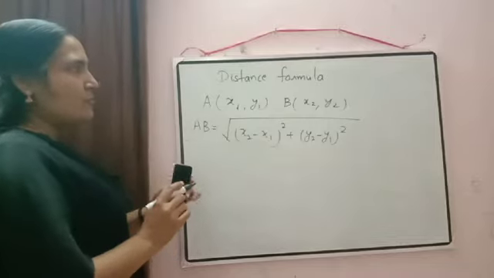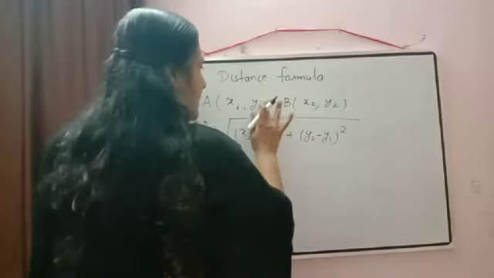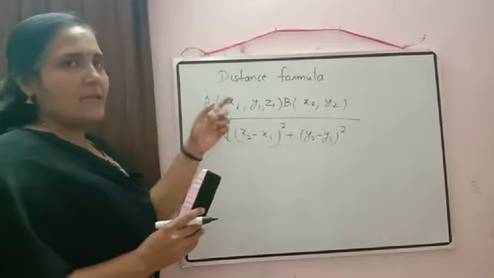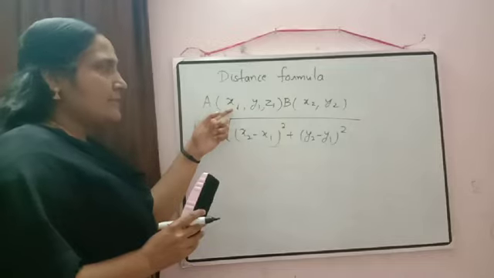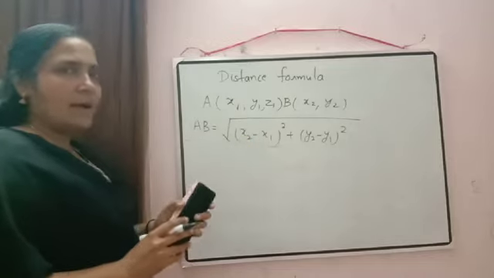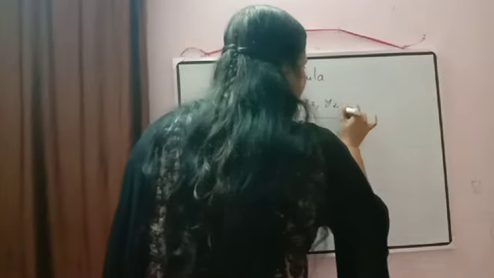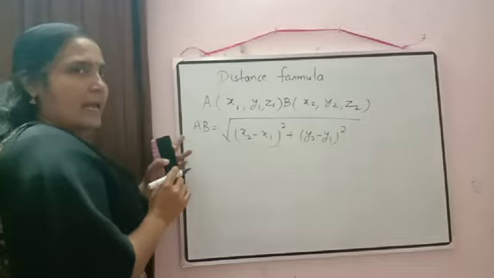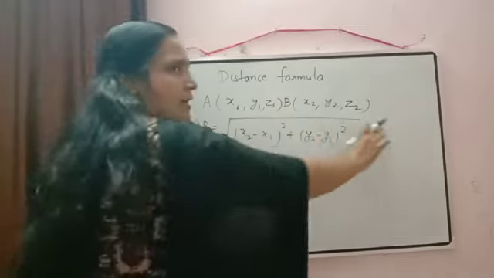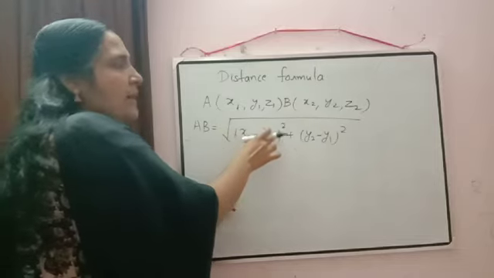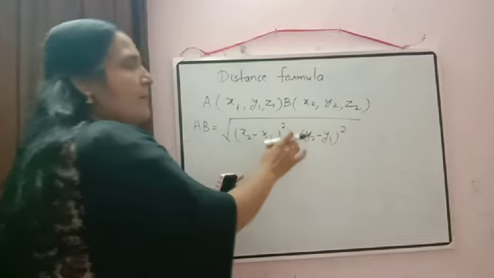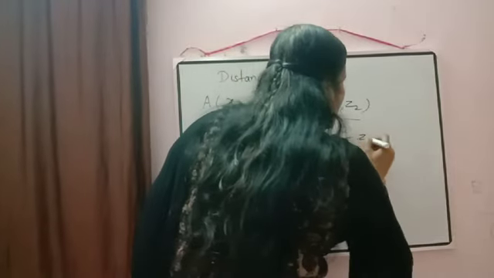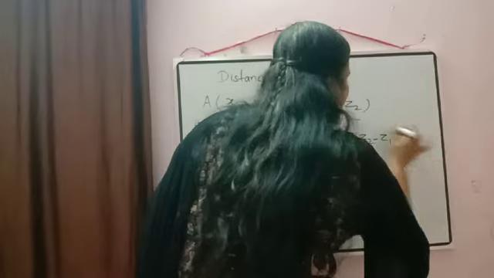Distance between any two points A(x1, y1, z1) and B(x2, y2, z2) is given by AB equal to square root of (x2 minus x1) the whole square plus (y2 minus y1) the whole square plus (z2 minus z1) the whole square.